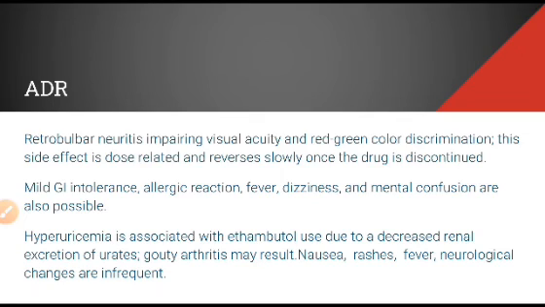It has mild GI intolerance; allergic reactions, fever, dizziness, and mental confusion are also there. It also causes hyperuricemia, which is associated with ethambutol use due to decreased renal excretion of urates. Gouty arthritis may result. Nausea, rashes, fever, and neurological changes are infrequent.